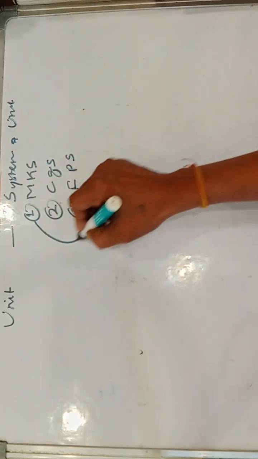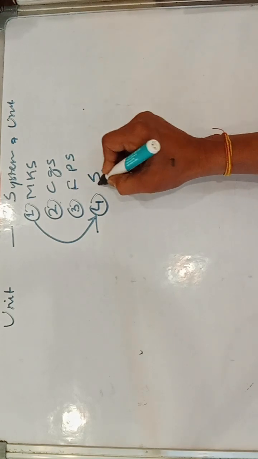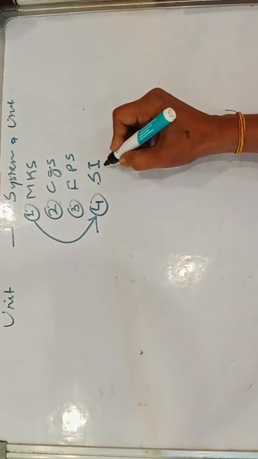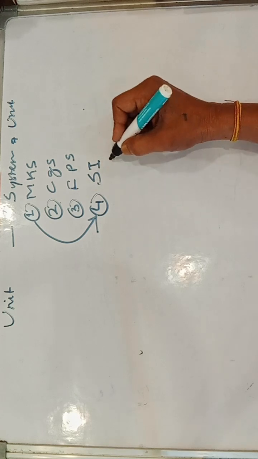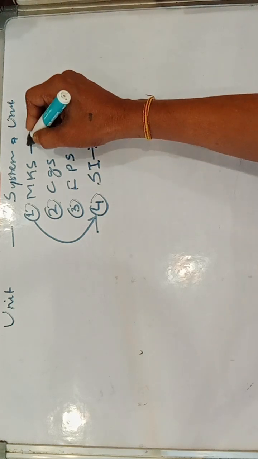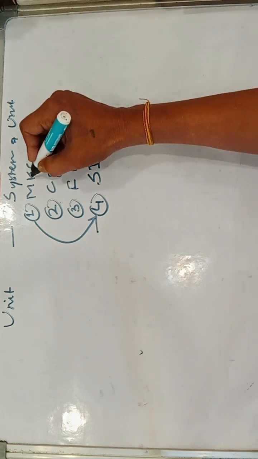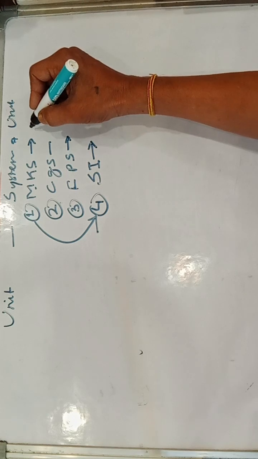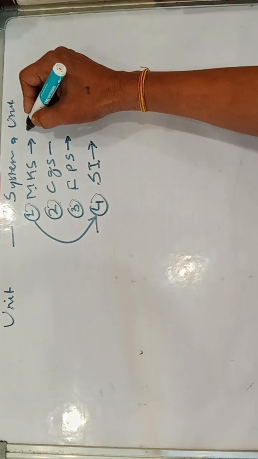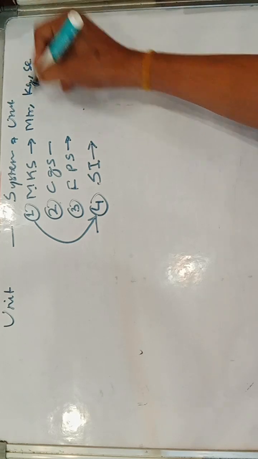This MK system is modified and became SI system or International System of Units. In MKS system, we have meter, kilogram and second.